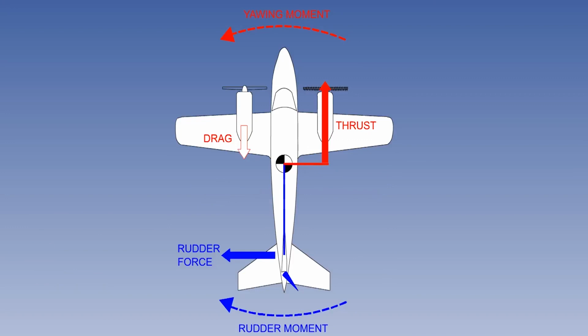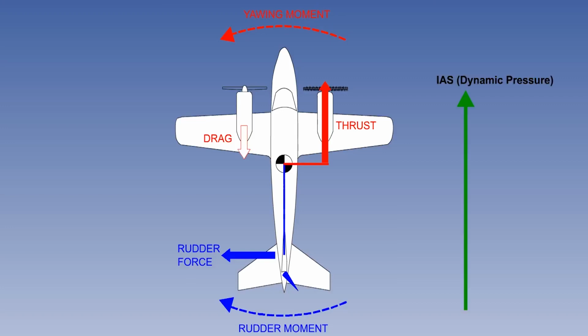Under a certain combination of conditions, control difficulties can arise under asymmetric thrust. Let us assume that the live engine is at a high thrust setting, the rudder is at its full deflection, and the CG is at its rearmost limit, that is, giving the shortest rudder arm.